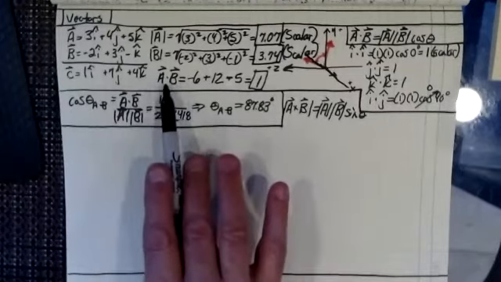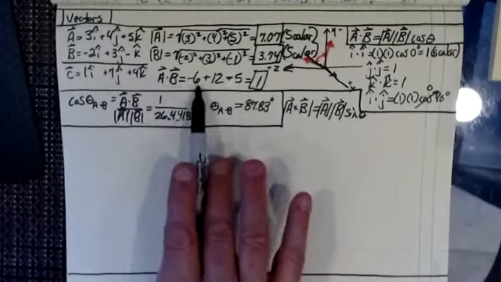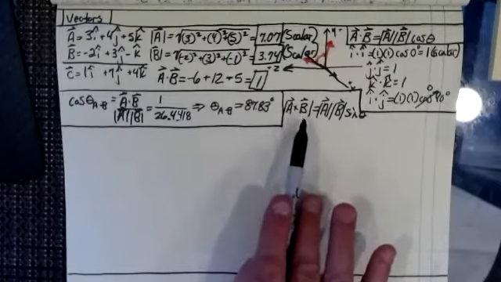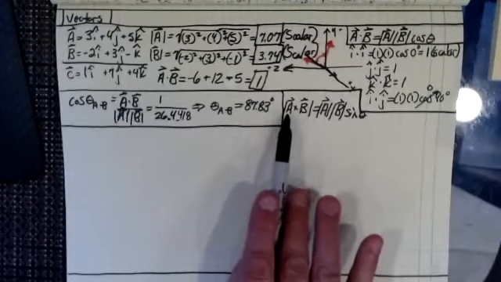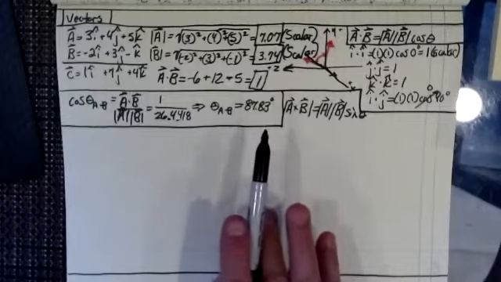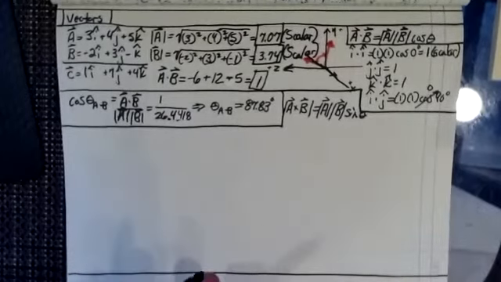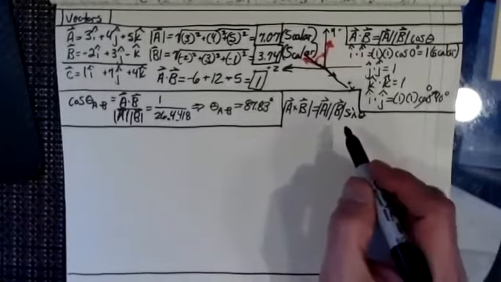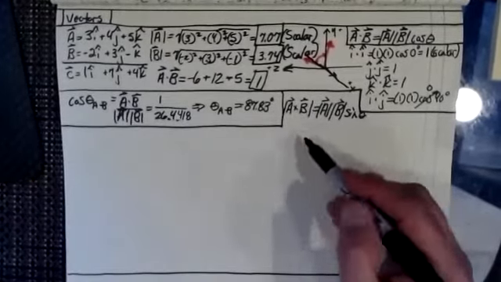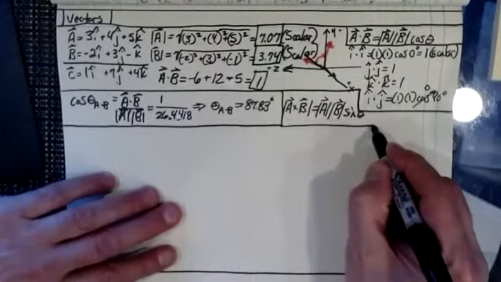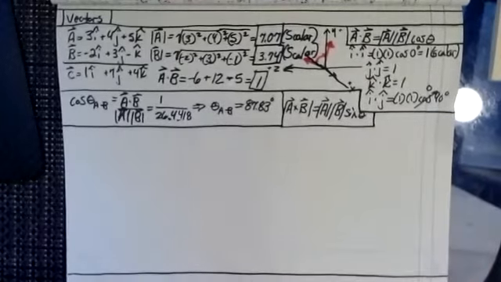Whereas A dot B gives me a scalar, A cross B gives me a vector. So in vector arithmetic, there are two ways to multiply: the dot product and the cross product. I'm just using the cross product here, but I want to show you what it actually is. This is the definition of the cross product right there.